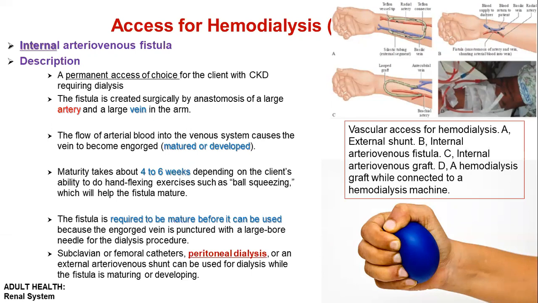Subclavian or femoral catheter, peritoneal dialysis, or any external arteriovenous shunt can be used for dialysis while the fistula is maturing. So in these 4 to 6 weeks, we go for peritoneal dialysis or subclavian or femoral catheter for dialysis.